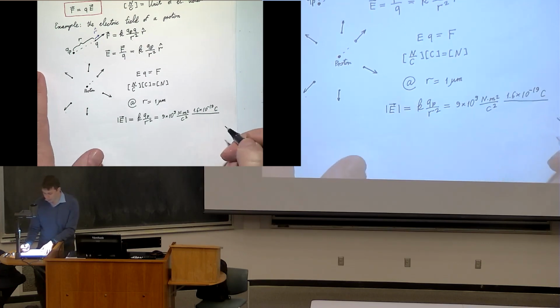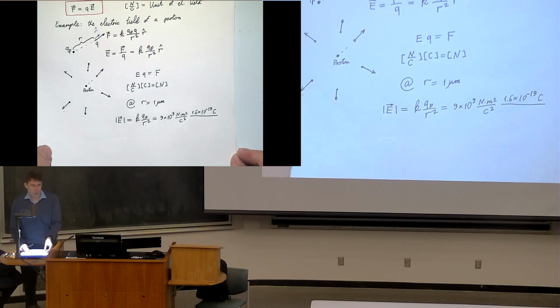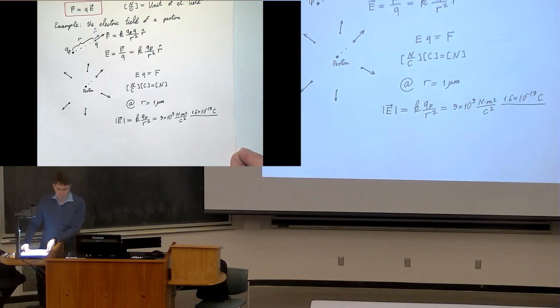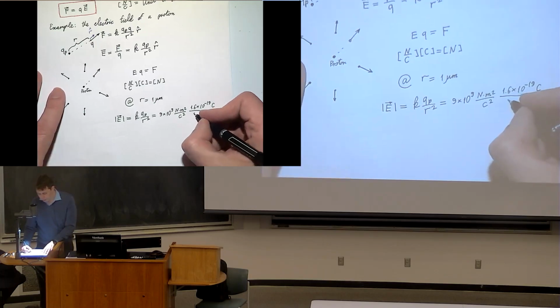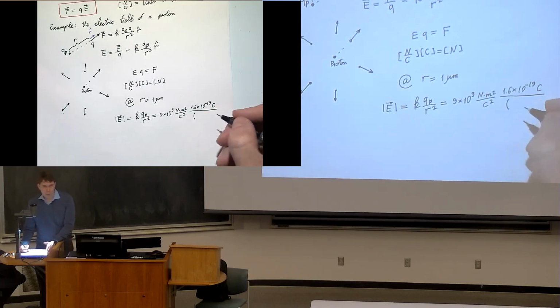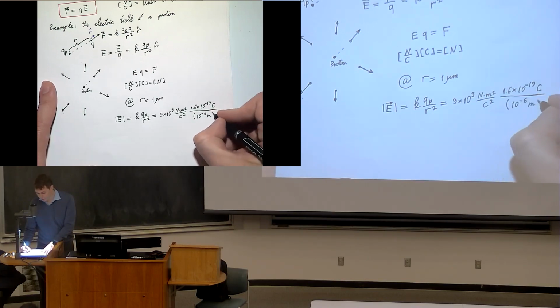Basically, it's known as elementary charge, also the charge of an electron with the plus sign, divided by R squared, 1 micron, also known as micrometer. It's 10 to the minus 6 meters squared.